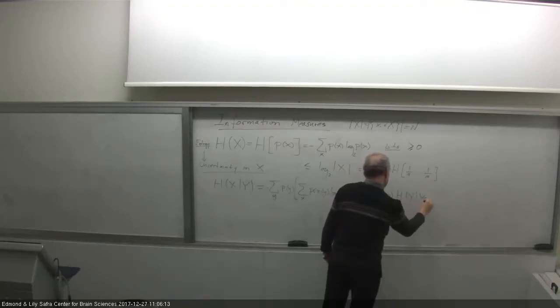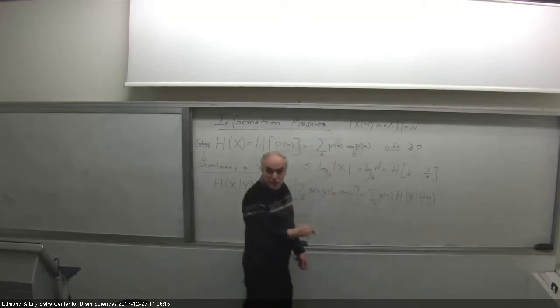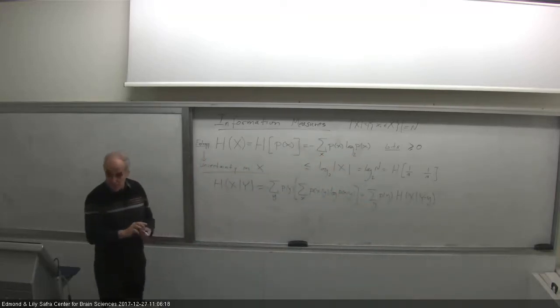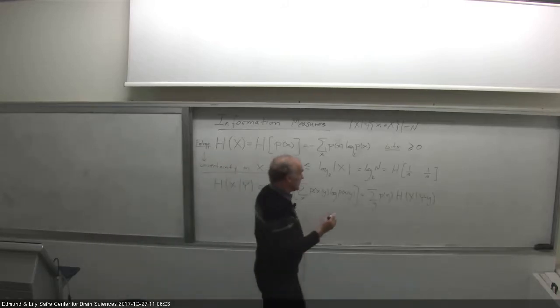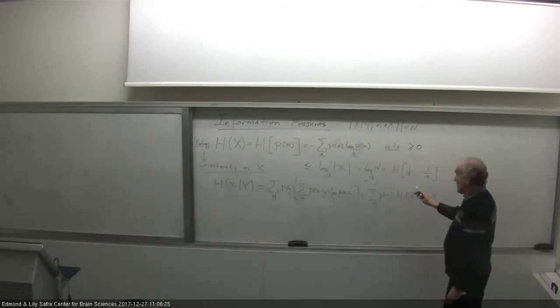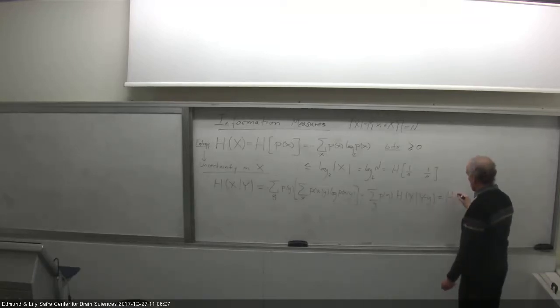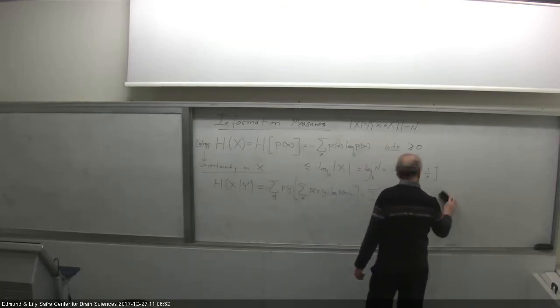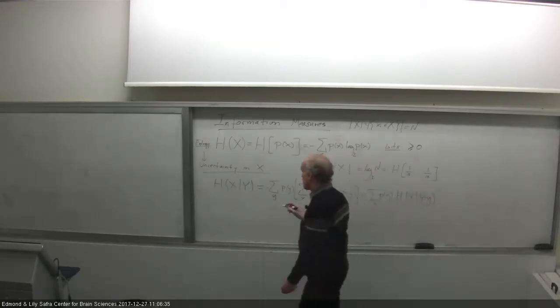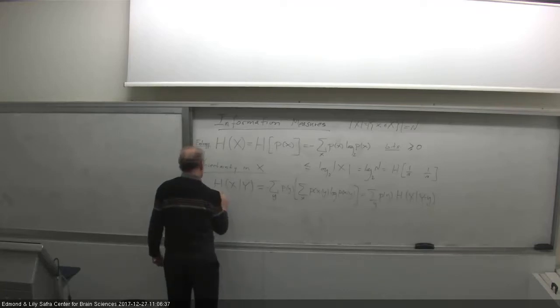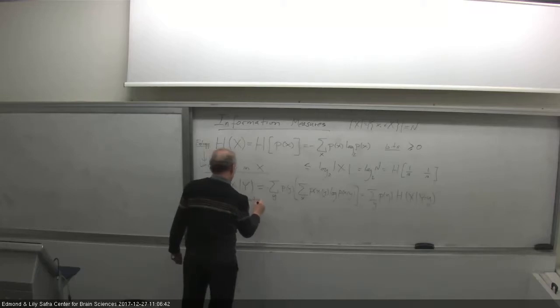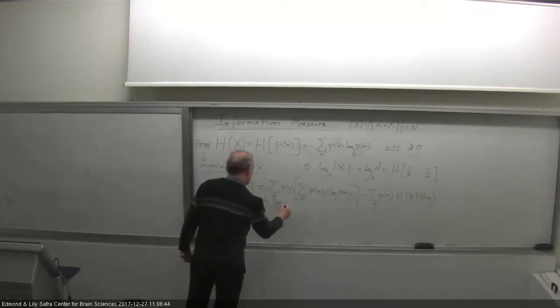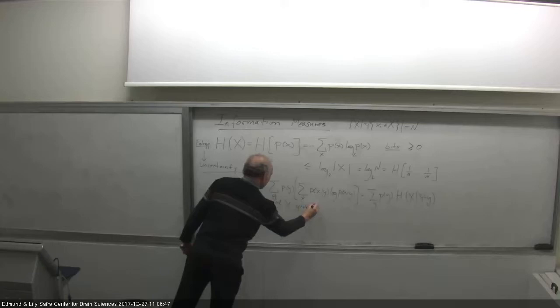Sometimes we are just making explicit that the value of y is fixed to one instance. Okay, so this average is what we call the conditional entropy, or conditional uncertainty, entropy of x given y. That's how we say it. Okay.